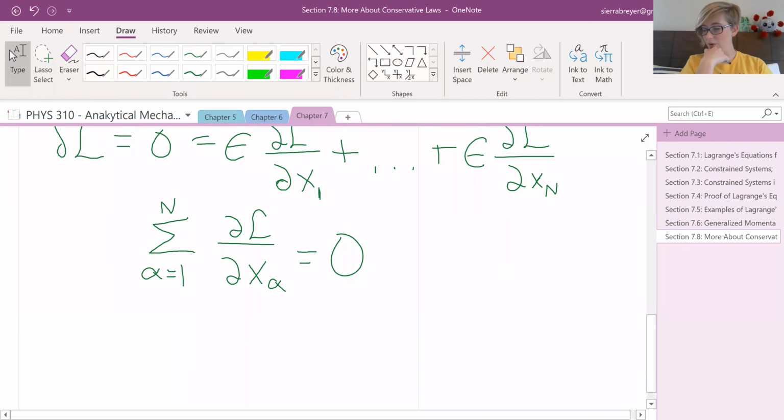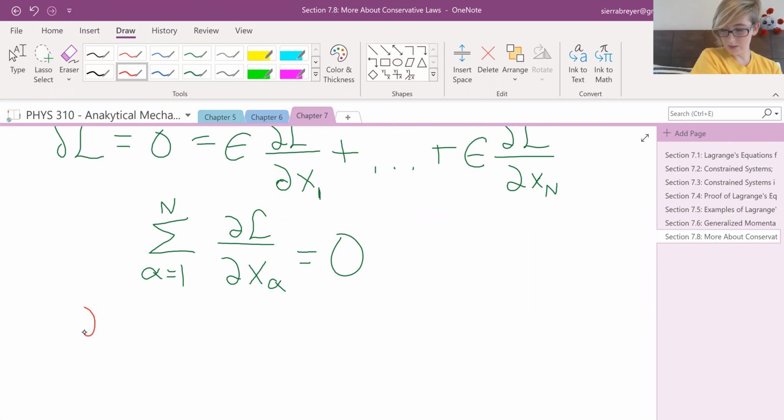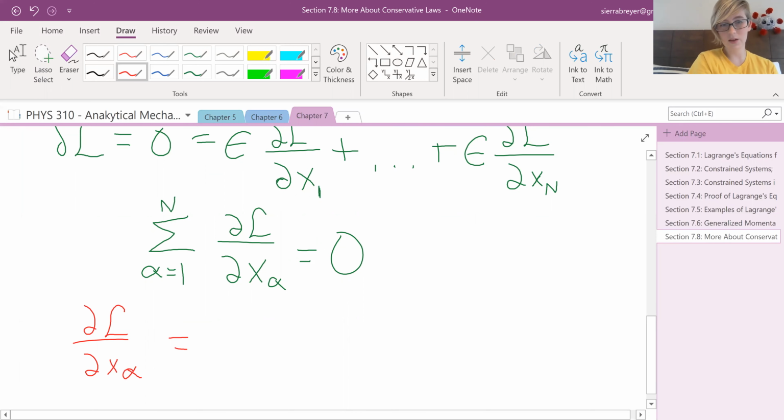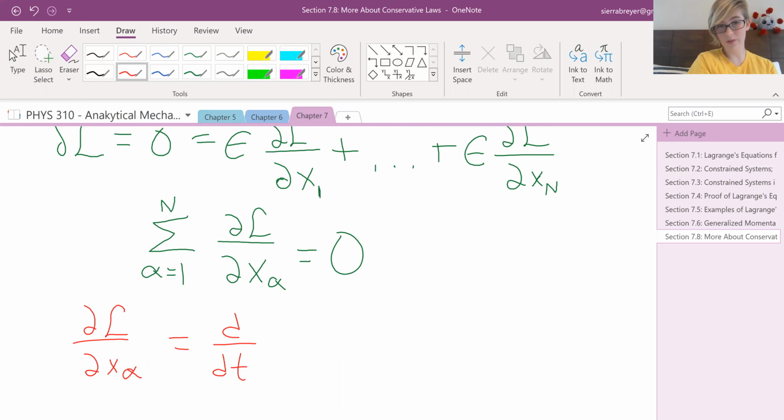And then what the textbook wants us to note from there is a little bit about momentum and what that says about it. One factor in that sum is going to be equal to the time derivative of that.